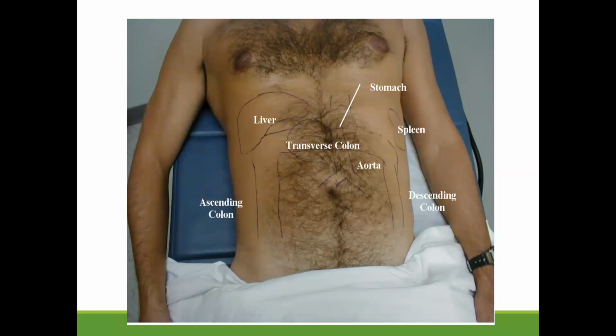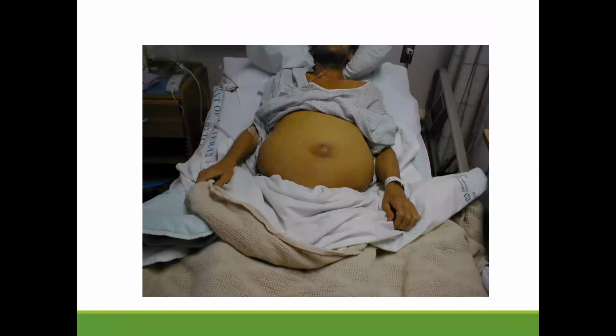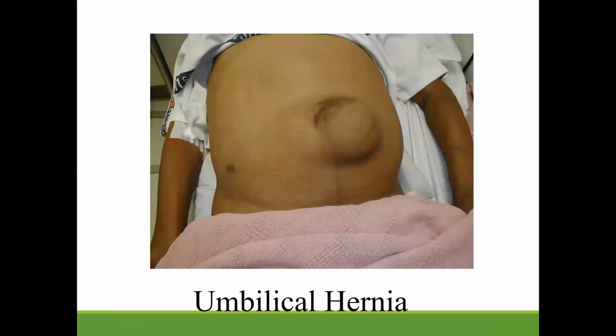Aorta, I mentioned if you see any pulsation, see where the aorta comes down? That could be an abdominal aortic aneurysm, which is bad. This is a picture of ascites. If I pushed on that belly right now, it would move like a wave. It's not hard, firm, anything like that. This is an umbilical hernia.